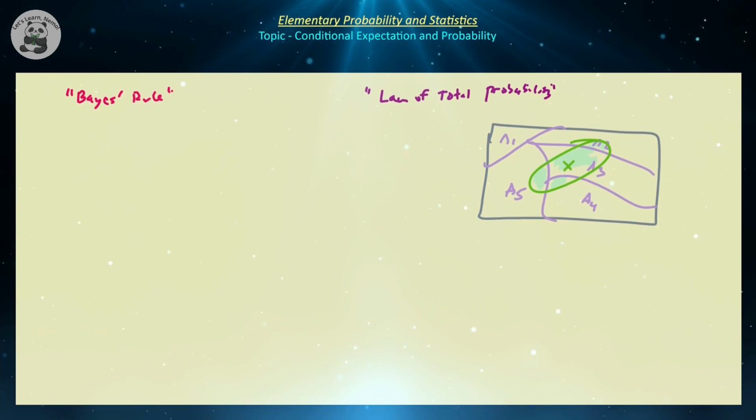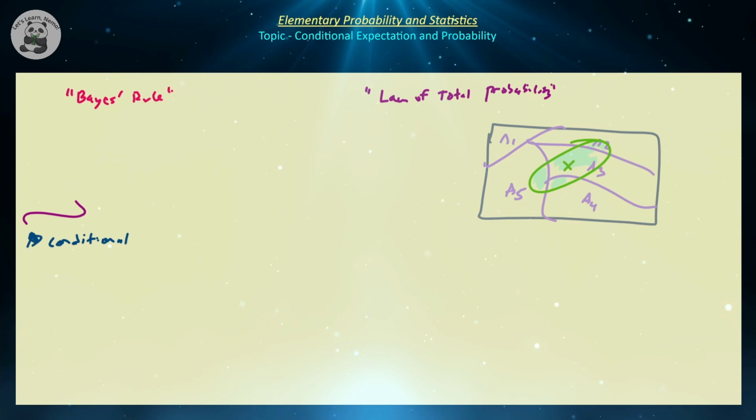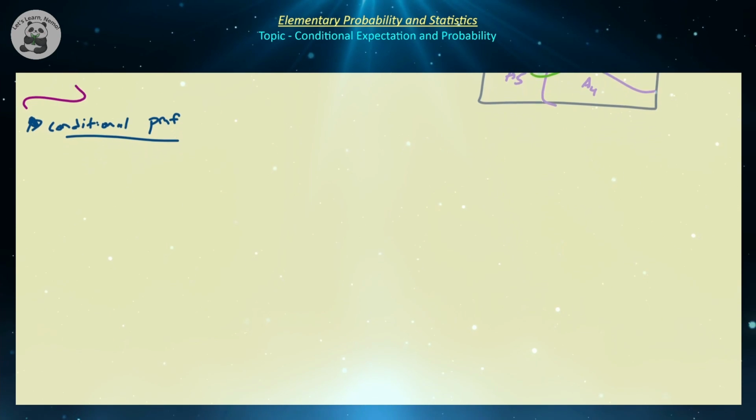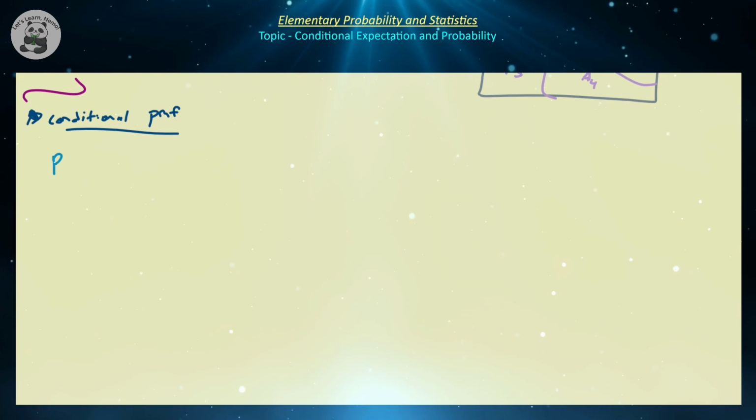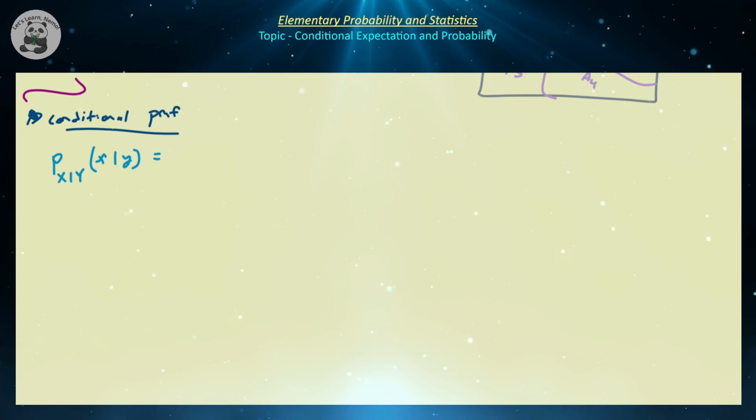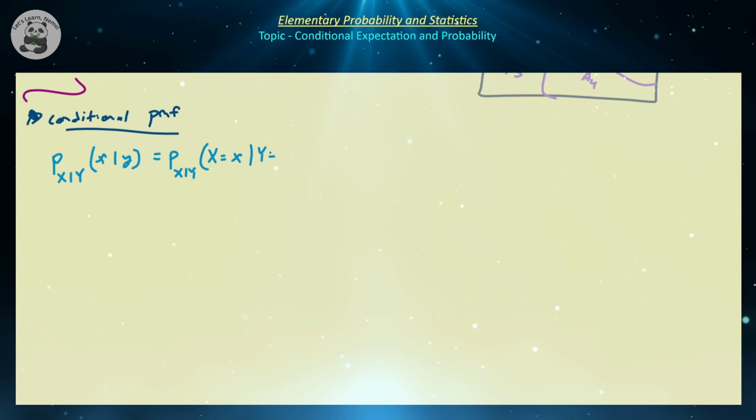So now let's introduce conditional probability mass functions, and you can also define conditional probability density functions in a very similar fashion. So what exactly is a conditional probability mass function? We define a conditional probability mass function as p subscript X given Y of little x given little y, and in terms of equivalent notation, some people will also use p_{XY} of capital X taking little value x and capital Y taking little value y.